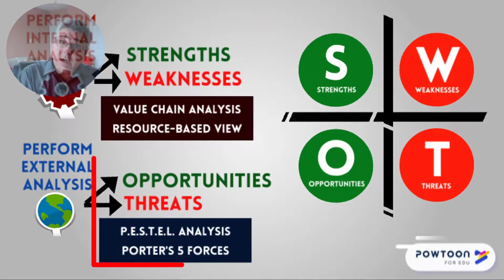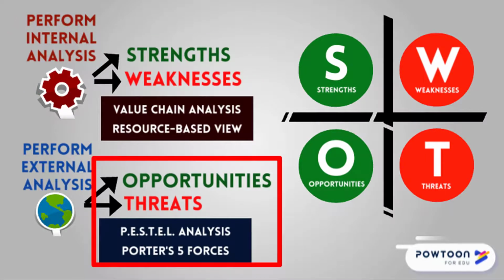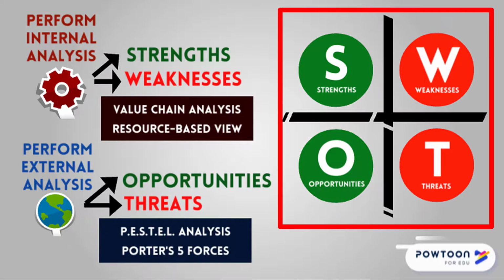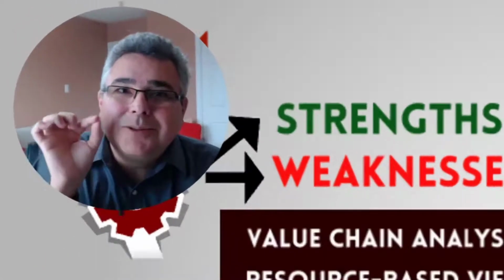Then we go for the external analysis. We go for the PESTLE analysis and the Porter's five force. And there we understand opportunities and threats. And then we build the SWOT, a very famous diagram. Not at the beginning. Don't go direct to the diagram.